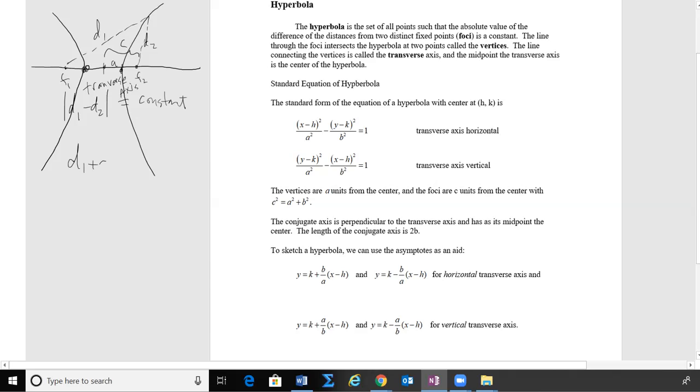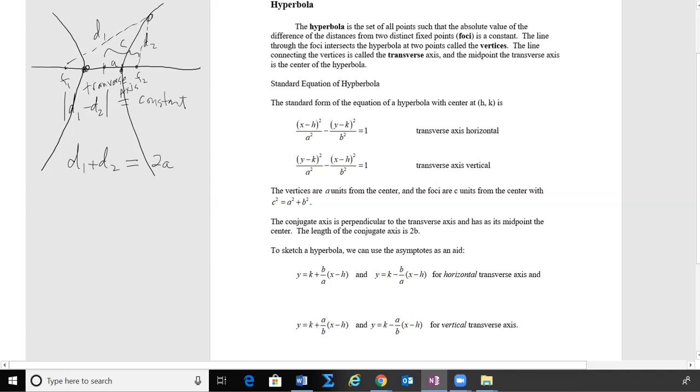D1 plus D2, if you find these distances down here and you analyze them as the point moves down the curve, if it hits a vertex, then D1 plus D2 actually turns out to be a constant 2A again, just like with the ellipse, if you remember.